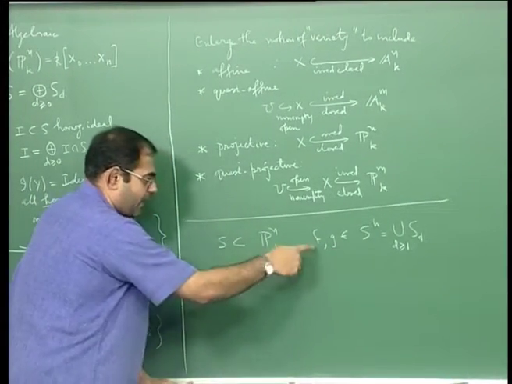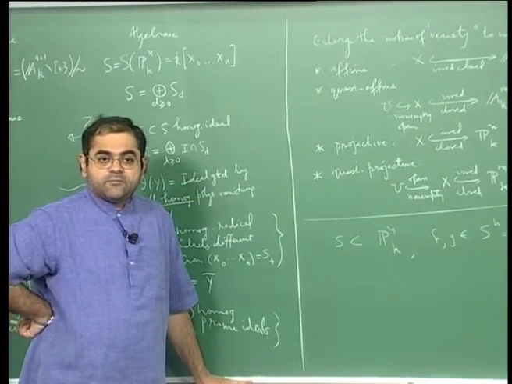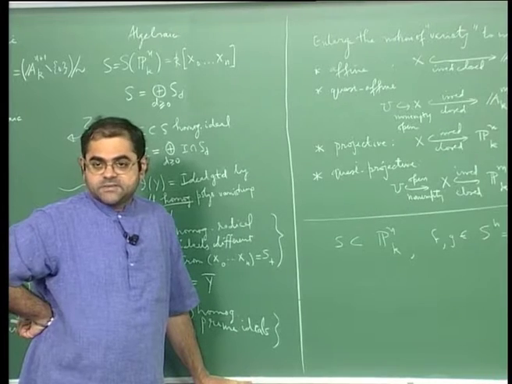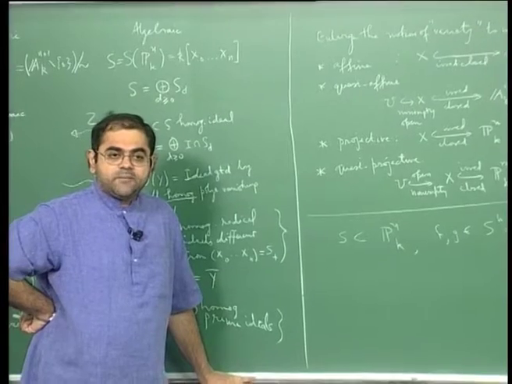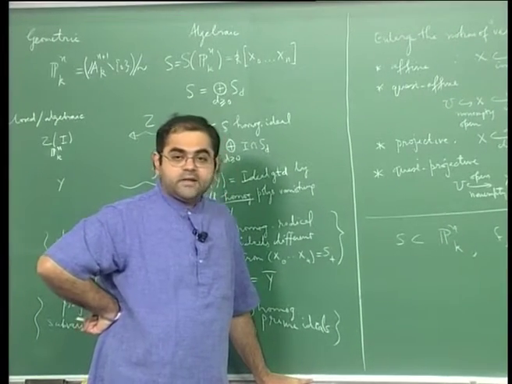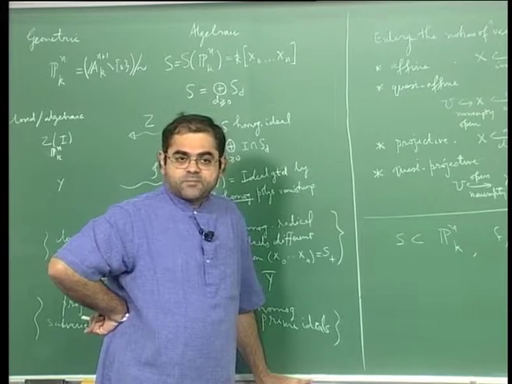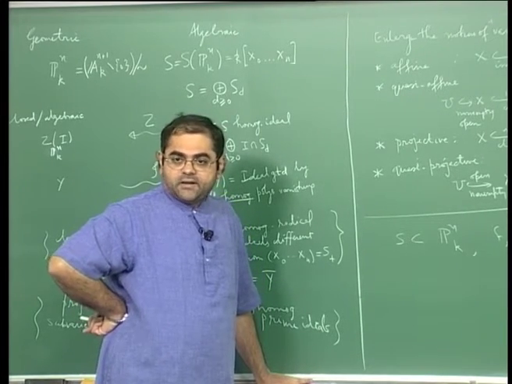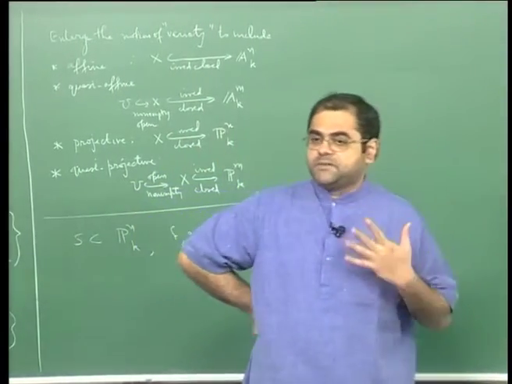Of course, I cannot evaluate a polynomial, even if it is homogeneous, at a point of projective space. The homogeneity of the polynomial will only tell me whether the polynomial vanishes at that point of projective space or not, but if it doesn't vanish it can't give a particular value.